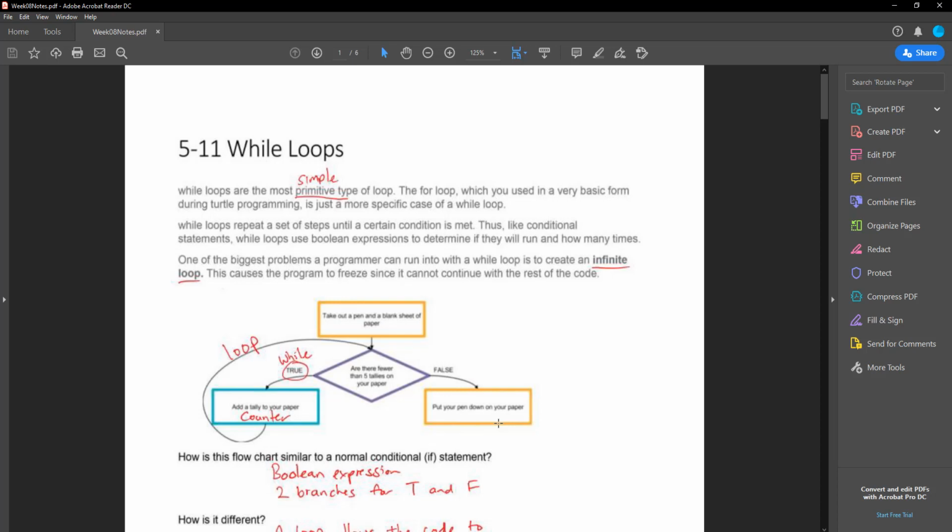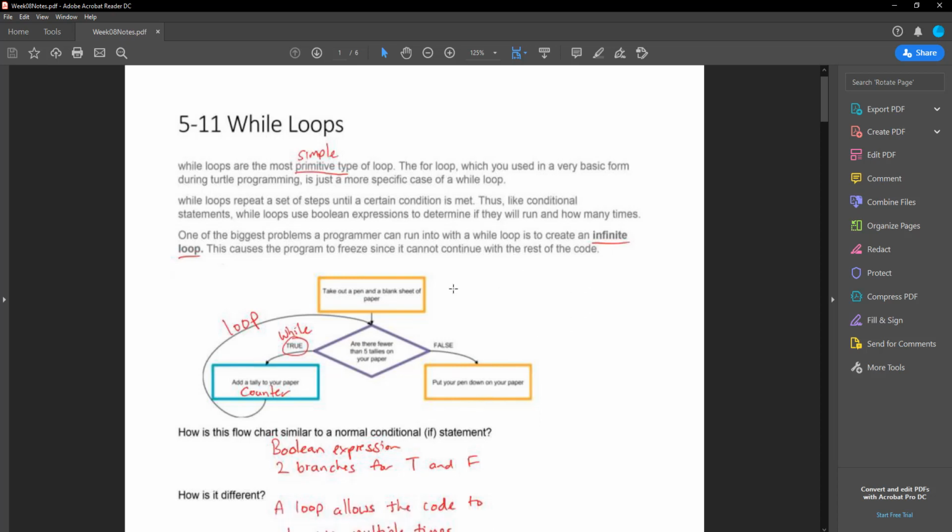If you've got while the lives are greater than 0, well, if the lives never go down, it's an infinite loop, right? So you always have to be a little bit more careful with that because there isn't a built-in timer. You can put that timer or built-in counter in with no problem, but it does create the potential to have that infinite loop.